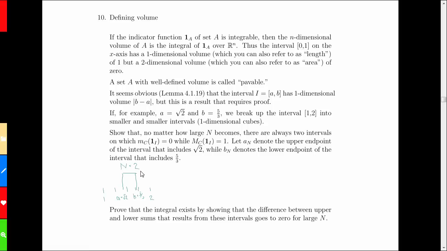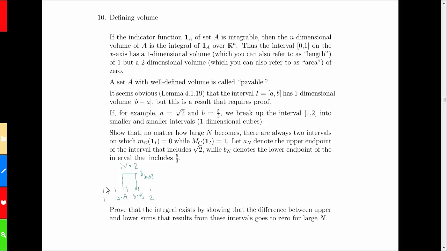So there's a graph of the indicator function for the interval from a to b. It's 1 for values of x between the square root of 2 and 5/3. It's 0 everywhere else.